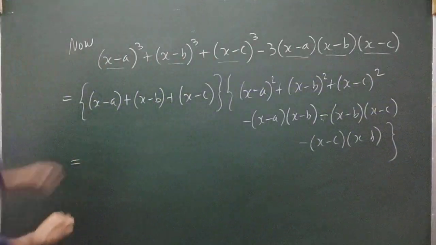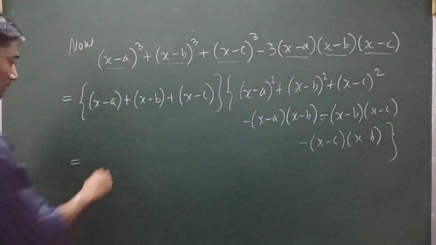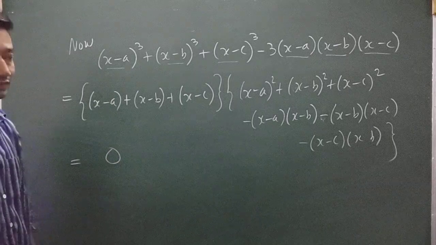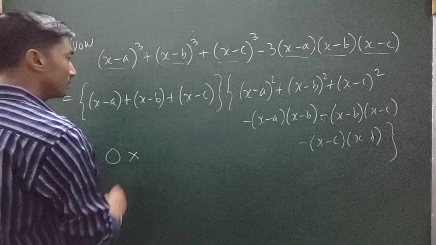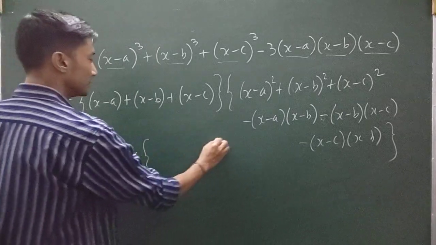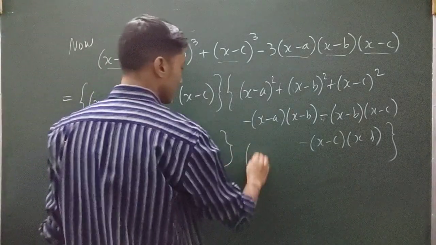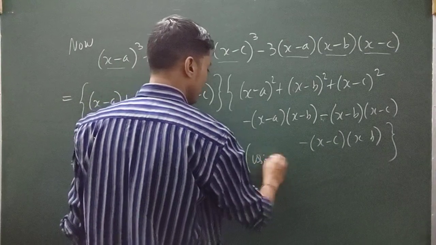But we have already calculated this value, 0, isn't it? Previously the one that I rubbed off, into this value, which you can write, that is using 1.